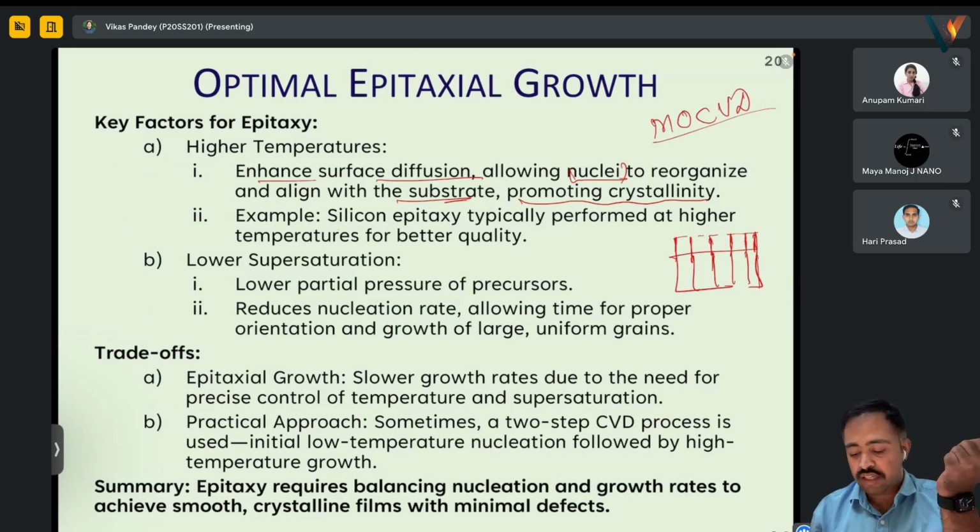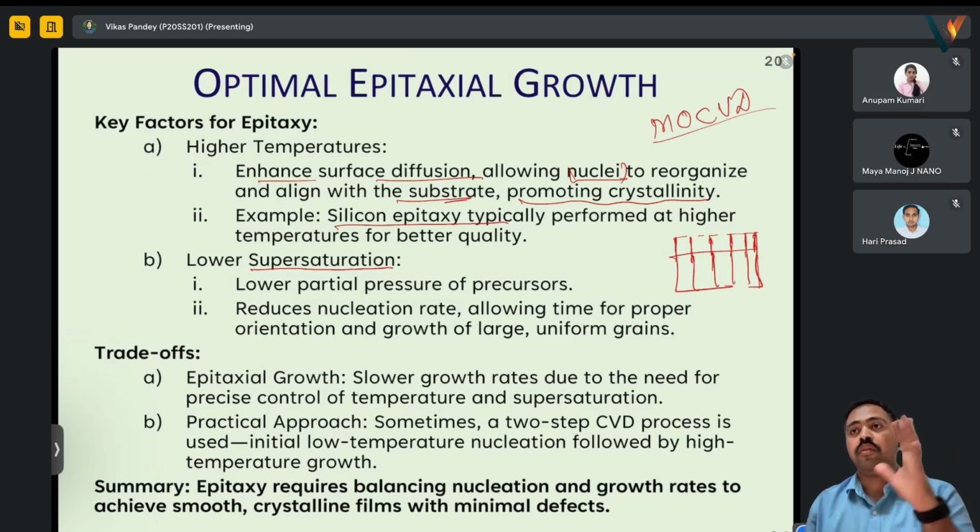Example is silicon epitaxy. This is typically performed at very high temperature for very good quality.